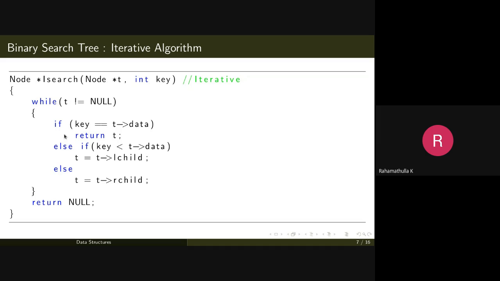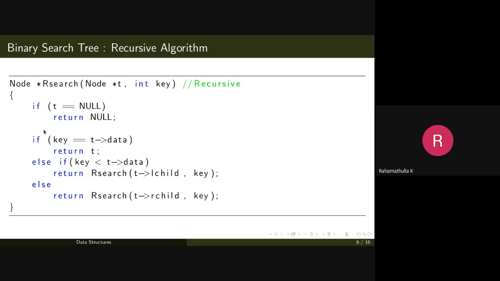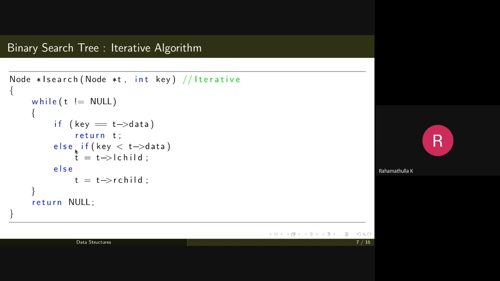Otherwise, if key is equal to t pointer data, so this step was there in the previous case also, then return t. Otherwise, you change t to t pointer left child if key is less than data. If key is greater than data, you can change t to t pointer right child.